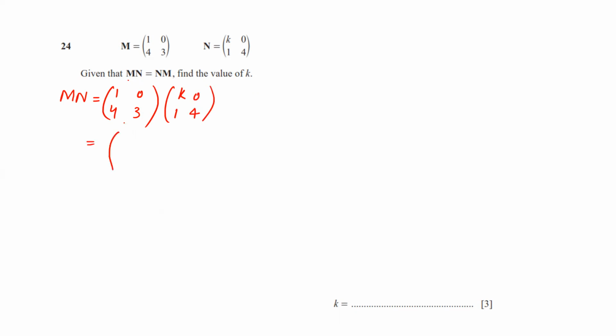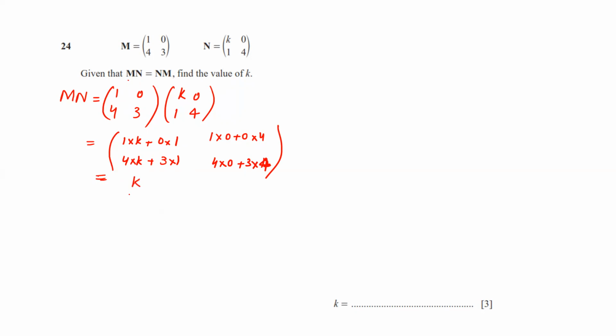First part, 1 into k plus 0 into 1. Then 1 into 0 plus 0 into 4. Second part, 4 into k plus 3 into 1. Then 4 into 0 plus 3 into 4.